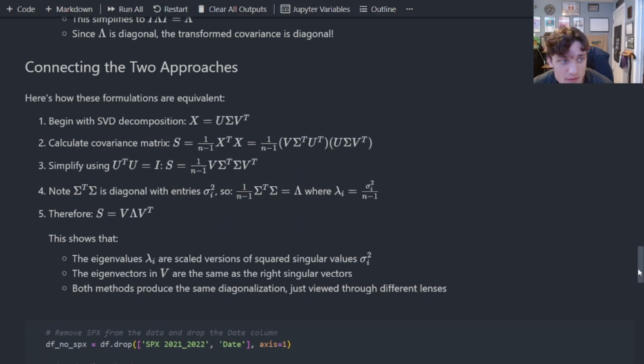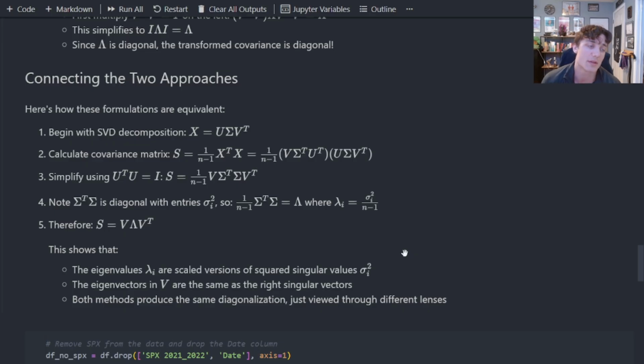So now, let's connect the two approaches. The singular value decomposition is connected to the eigen decomposition through the eigenvalues and the singular values squared. What I mean to say is if we begin with a singular value decomposition, X equal to U Sigma V transpose, we calculate the covariance matrix S equal to the normalized X transpose X, which is equivalent to 1 over n minus 1, that normalization, times V Sigma transpose U transpose times the singular value decomposition here. Again, all we're doing is taking this SVD, subbing it into the covariance, and transposing every item in U Sigma V transpose, which flips the direction and transposes all the matrices.